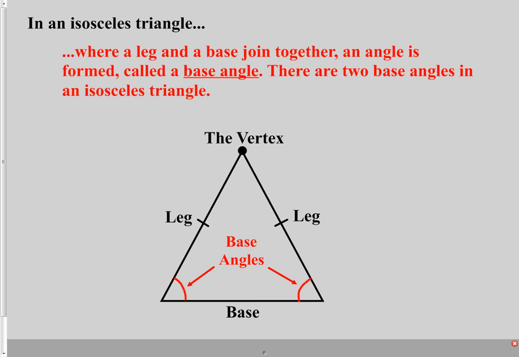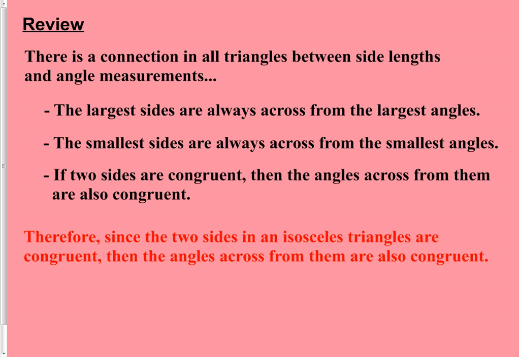Okay. Now, a little bit of review on basic information for side lengths and angle measurements. Okay, so you can probably get away with not writing this page down, but if I were you, I might go back and mark in my notes, maybe highlight this information in my previous notes. There's a connection in all triangles between the side lengths and the angle measurements. Okay, and that connection, you should remember, is that the largest sides are always across from the largest angles.